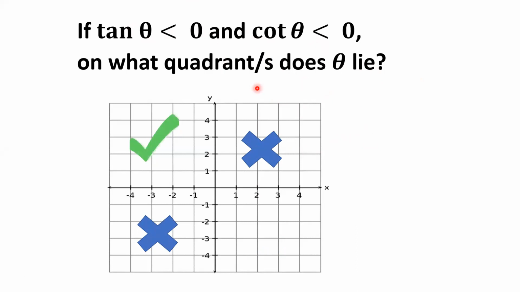So, quadrant 2 is a possible answer as well as quadrant 4. Kasi si tangent at si cotangent, they are of the same sign. So, kung pareho silang negative, dito sila magne-negative pareho. So, quadrants 2 and 4 are the answers here.